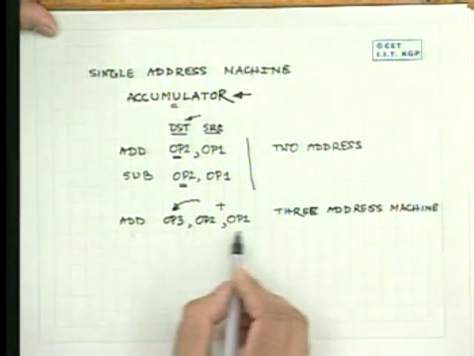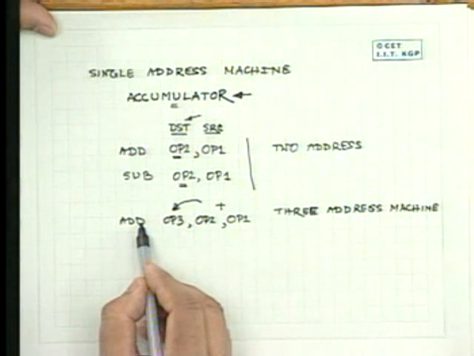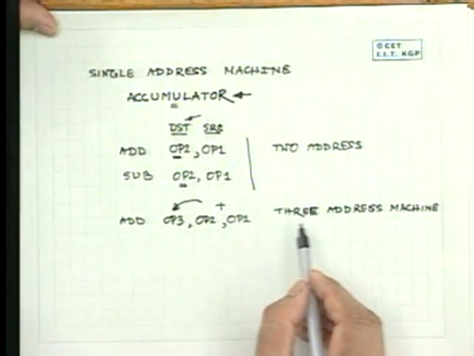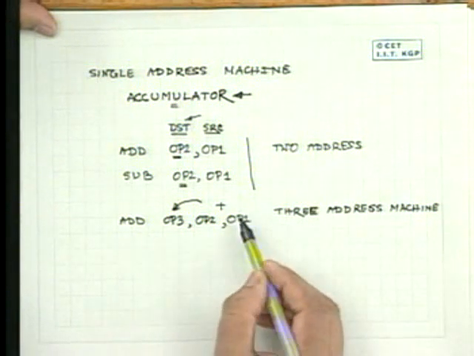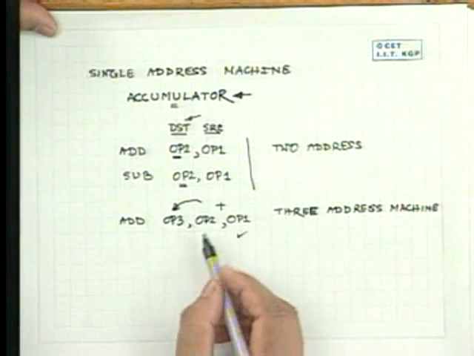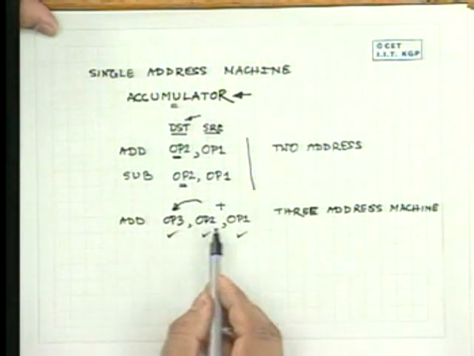Once more, this is a typical example. Naturally, it will vary from machine to machine, but the important thing is that in the case of a 3 address machine, we speak of one operand as a source, another operand as the second source, and the third operand as a destination of the result.